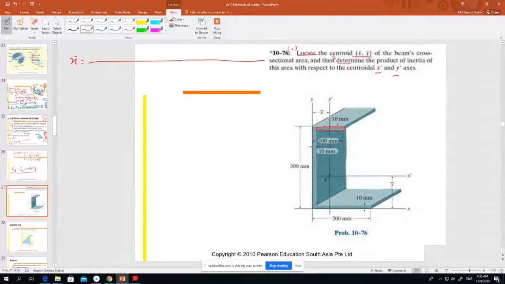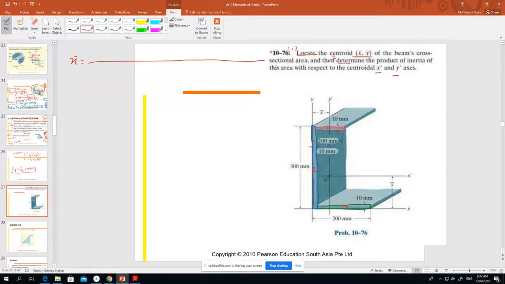So this is section 1, this is section 2, and another is section 3. You can do it a different way, it doesn't matter, you can choose any sections you want, but in our case we assume that this is section 1, suppose this is section 2, and this is 3.